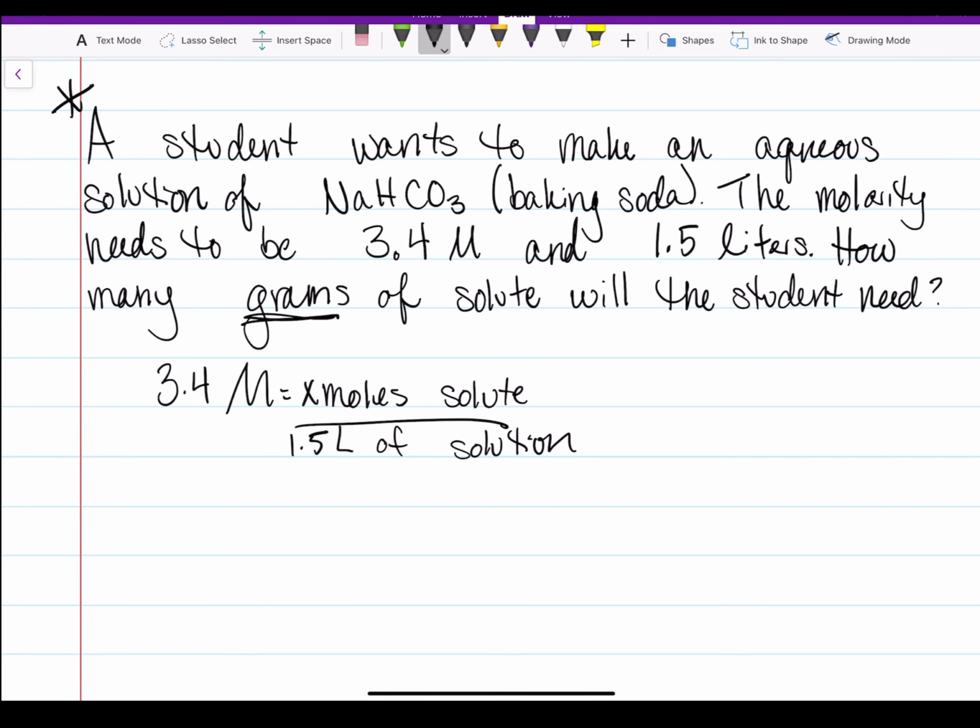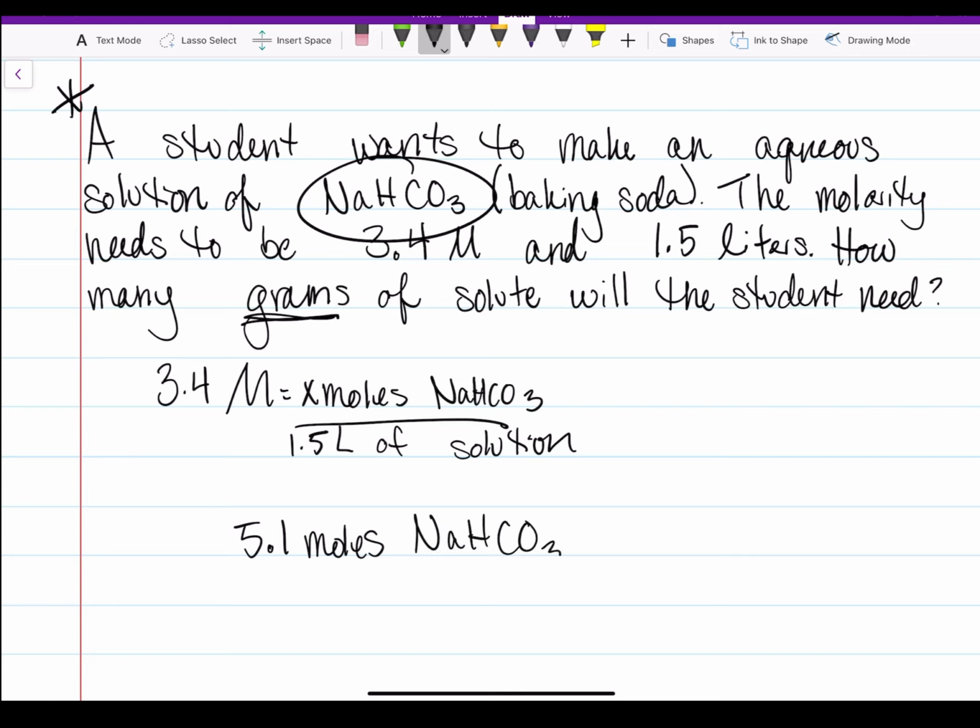When you solved for moles, your setup looked like this, and you got an answer of 5.1 moles. And you might have also substituted out the word solute for NaHCO3. And if not, we know that our solute is going to be NaHCO3, so we can jot that down instead. So now what we need to do is convert this to grams. So this becomes our given when we do our gram conversion.